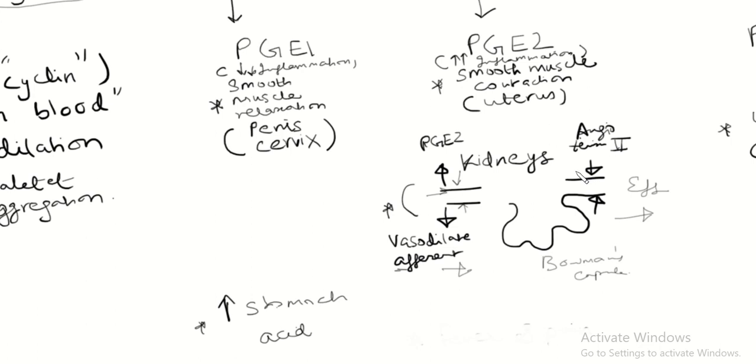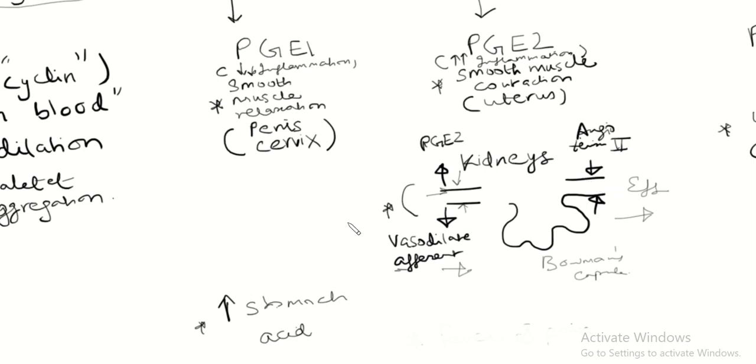Now, this is just a side note. What about efferent arterioles? Well, you have your angiotensin 2 receptor that controls that aspect of things. But like I said, we'll talk more about it in another lecture.